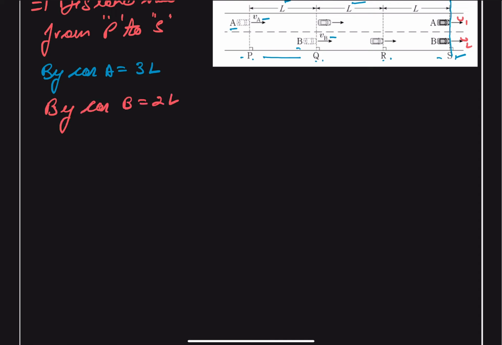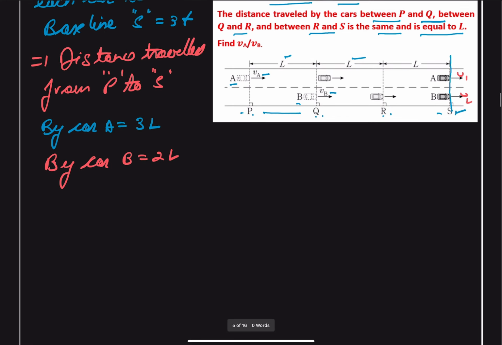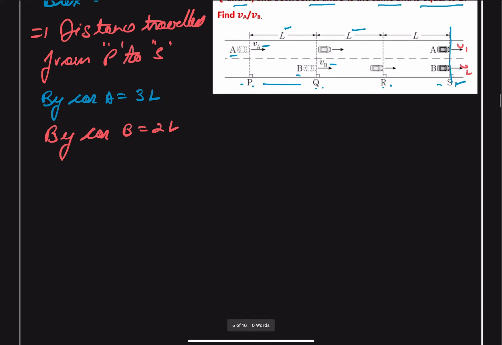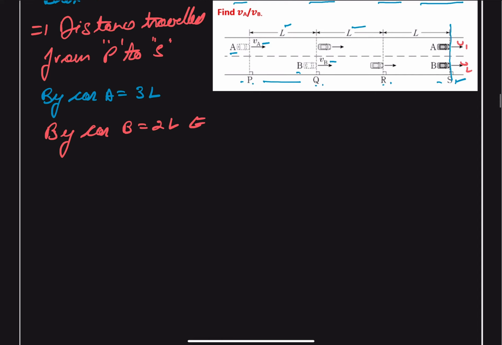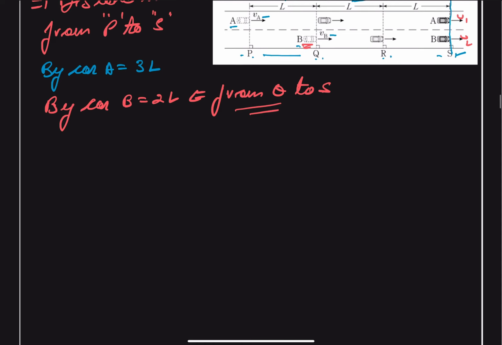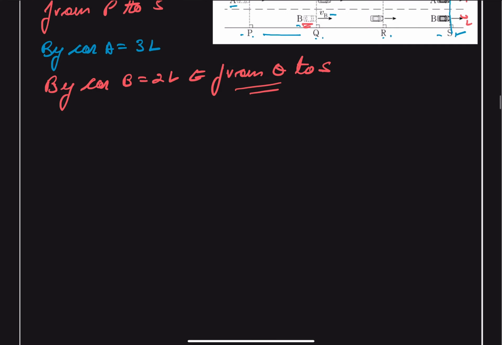The distance is traveled from P to S by car A, and for car B it is from Q to S, because car B is already at Q. So we can write the equation that the total distance, yeah, we can say displacement, is equal to average velocity multiplied by time taken.